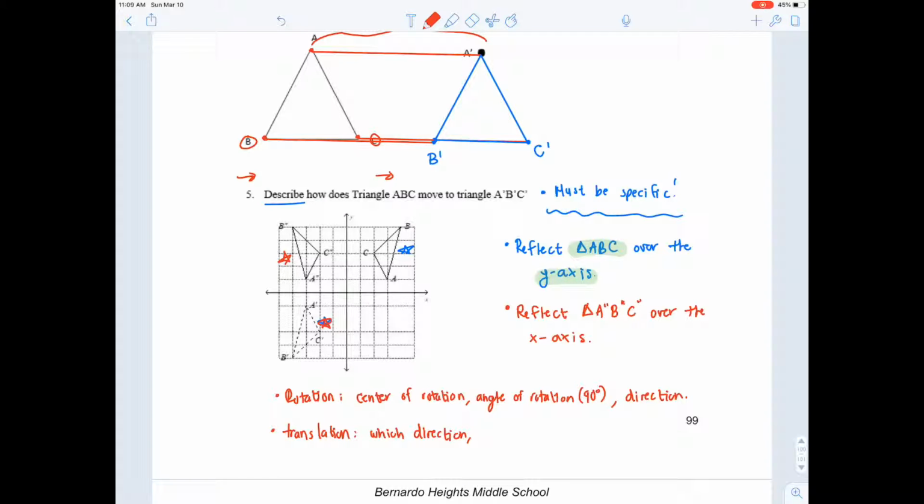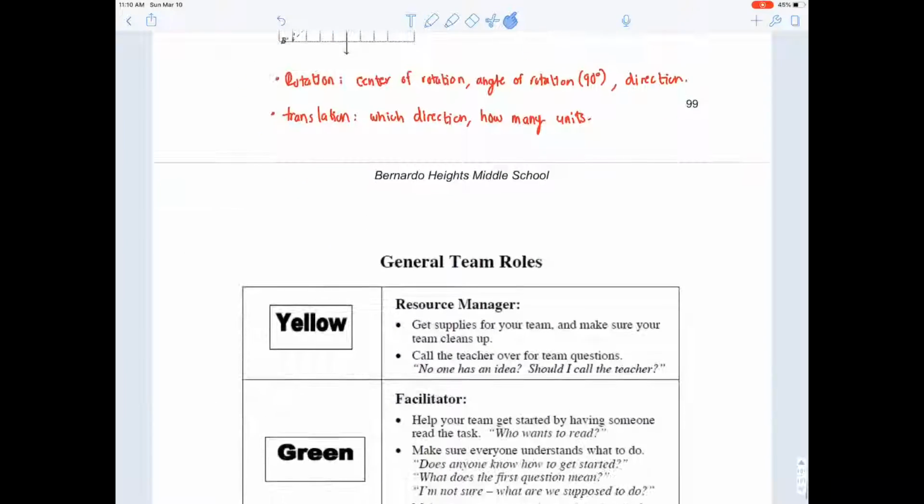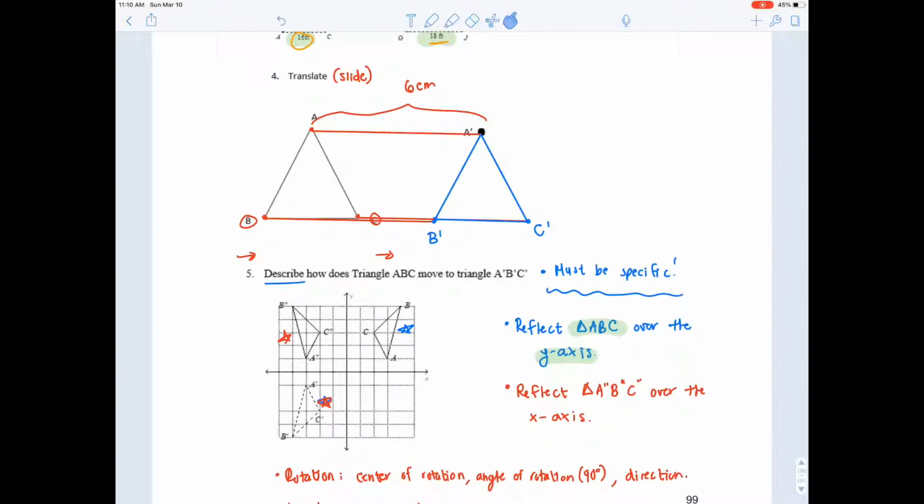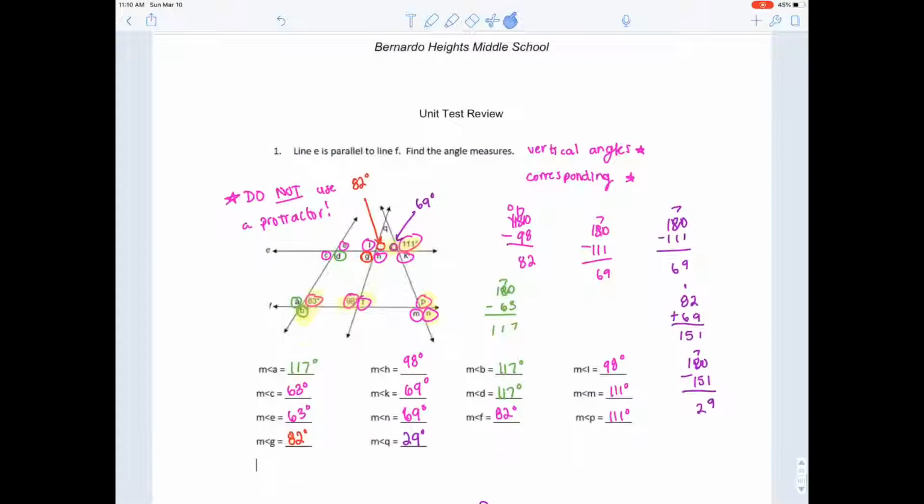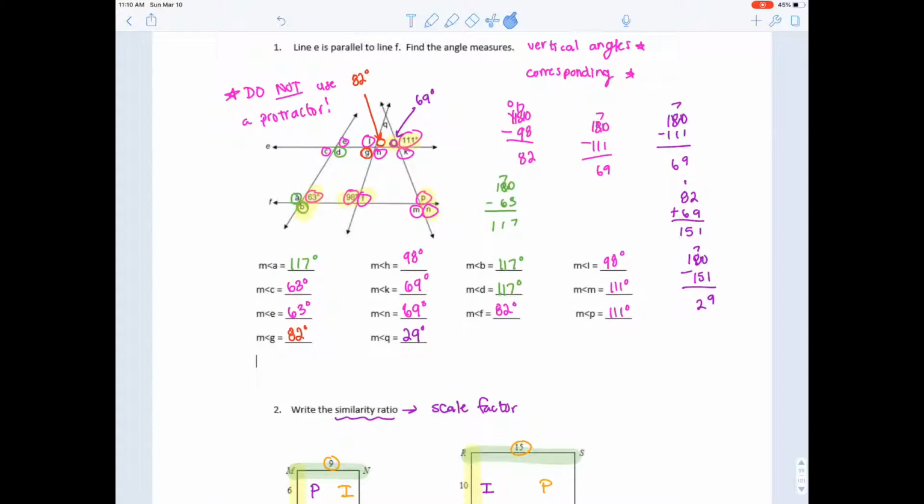And on a coordinate plane, we talked about up and down or left and right. Okay, so which direction, and then how many units? How many units am I moving to the right? How many units am I moving down or up or left? Okay? Be specific is the moral of this story. All right. Well, hopefully this helped, and I will see you guys in the next lesson.